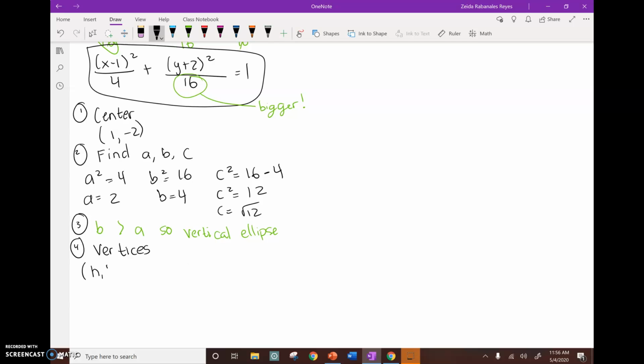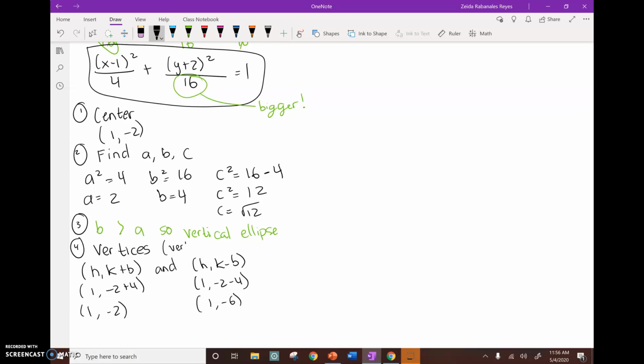So h comma k plus b and h comma k minus b. My k is, so it's 1 comma negative 2 plus 4, 1 comma negative 2 minus 4, 1 comma 2, and 1 comma negative 6. And you have your two vertices.